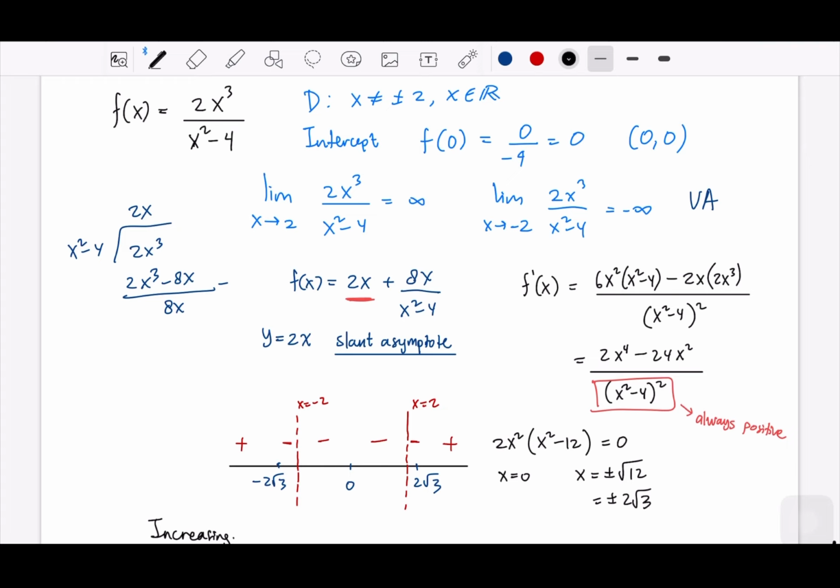So what I want to emphasize from here is also the domain. The first part here is really important. The domain, intercept, and defining the limit for the asymptote is important to draw our graph.